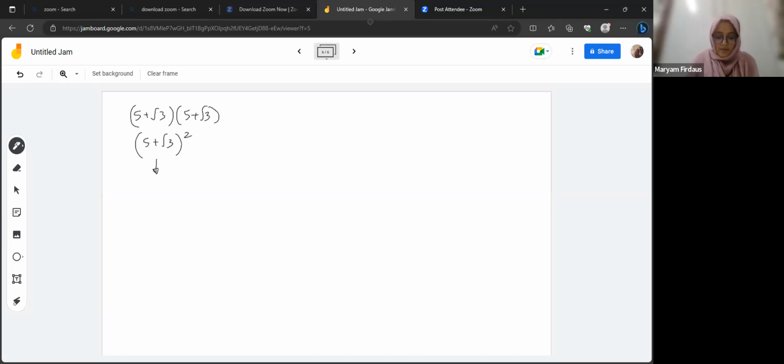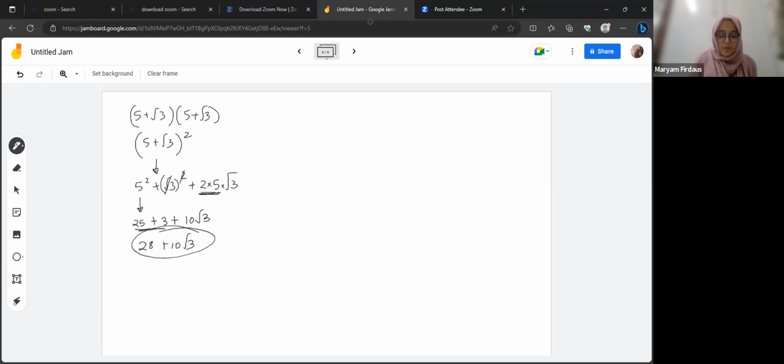What is the next step after this? 5 square plus root 3 square plus 2 into 5 into root 3. So 5 square is 25, plus 3, yeah, plus 3. Okay, so plus 10 root 3. So Avni, do you see what we are going to get? We are going to get 28 plus 10 root 3.